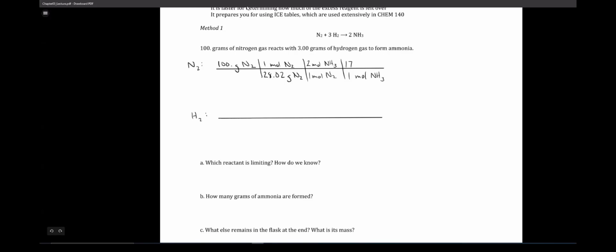Did anyone calculate that already? 17 point? Anyone? No? All right, then I'll do it. 14.01 for the nitrogen plus 3 times 1.008 for the hydrogens is 17.03.